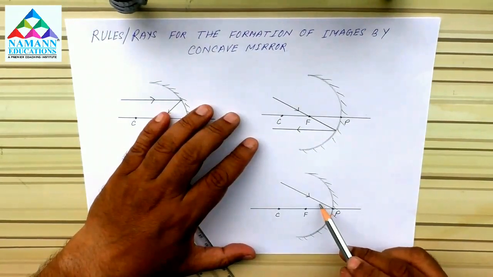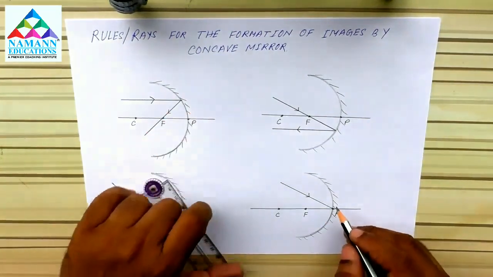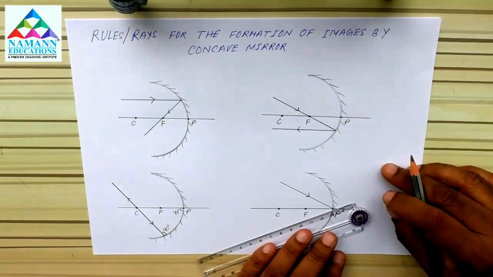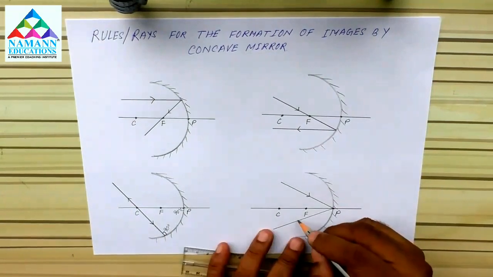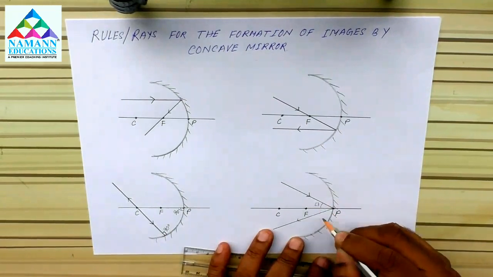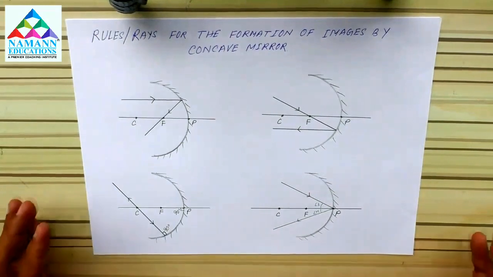So after reflection, what will happen to this light ray? This will reflect symmetrically, in such a way that this angle, the angle of incidence, is equal to this one, the angle of reflection, following the laws of reflection.